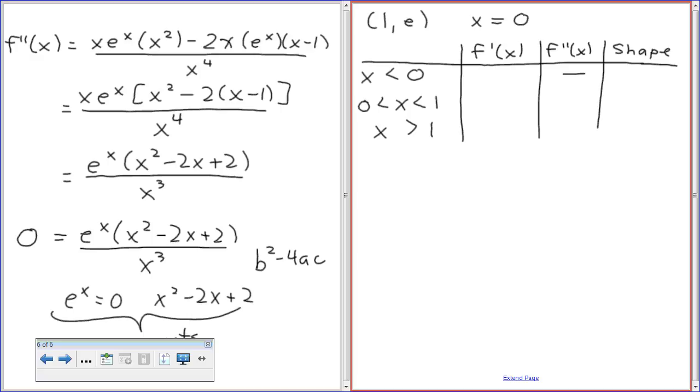Okay, when x is 0.5, e to the 0.5 is still a positive decimal. 0.5 squared minus 2 times 0.5 minus 1 plus 2. What's the f double prime of x then? It should be negative, I think, but can somebody confirm that for me?